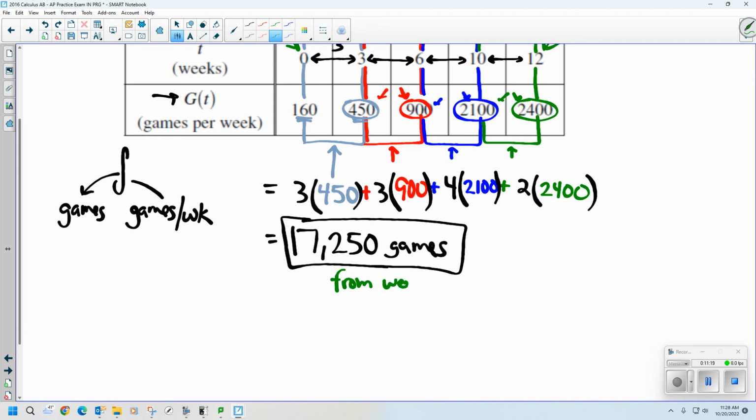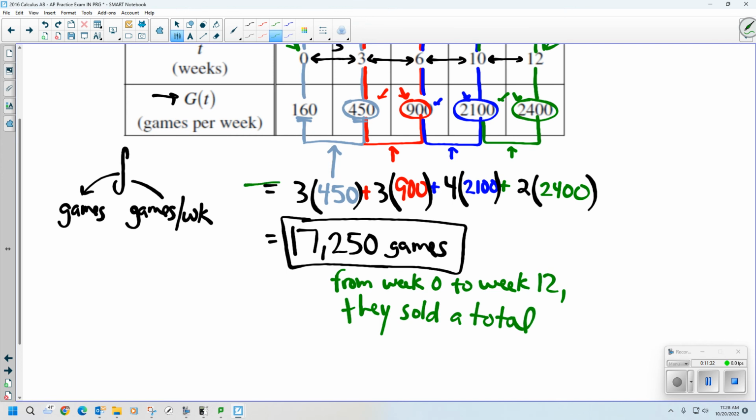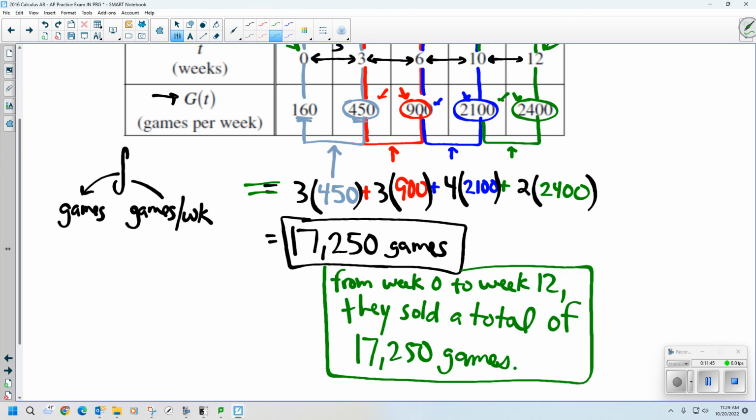From week 0 to week 12, they sold a total, because we totaled this, we added this all up, a total of 17,250 games. That could have been written one of 1,000 different ways. That's just the way that I wrote it.